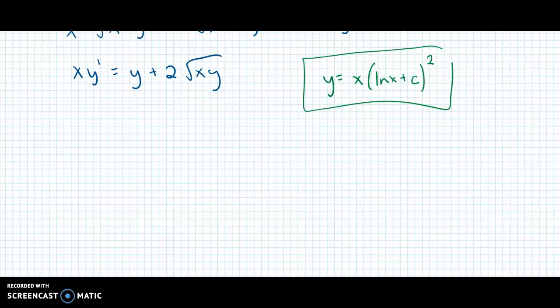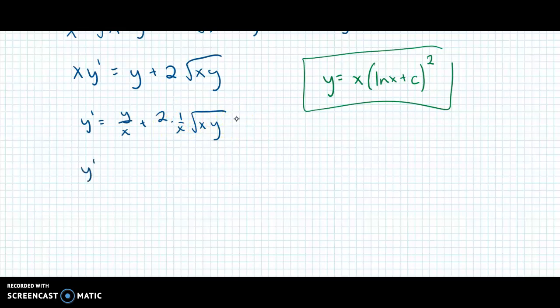So the first thing that I do is divide by x. That gives me y prime equals y over x plus 2 times 1 over x times root xy. Now, this guy right here, I'm going to slide it into the root just like I showed you up above.